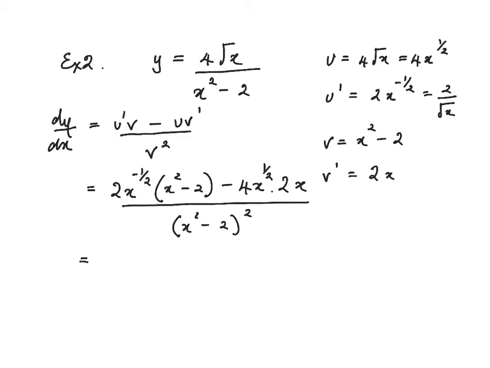So multiplying out the brackets on the top line, we have 2x to the power of 3 over 2 minus 4x to the power of minus 1/2 minus 8x to the power of 3 over 2.